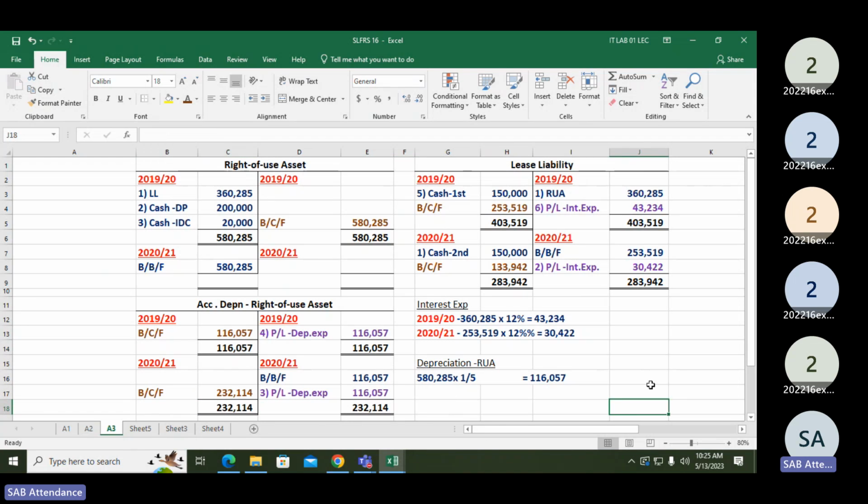The carried forward balance. So we complete the ledger account for 2 years. Right of use asset, no change. You can carry forward the same balance.